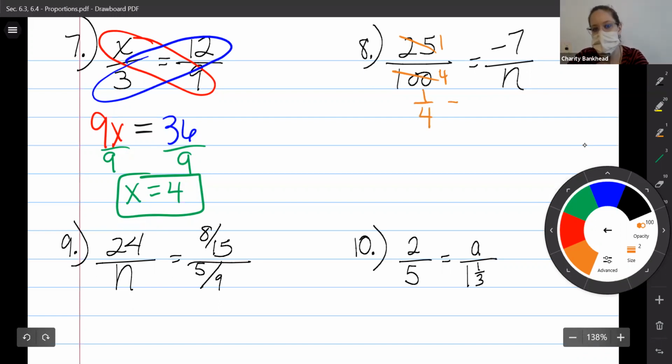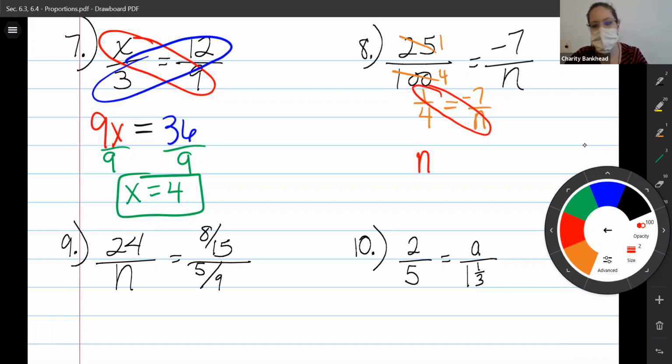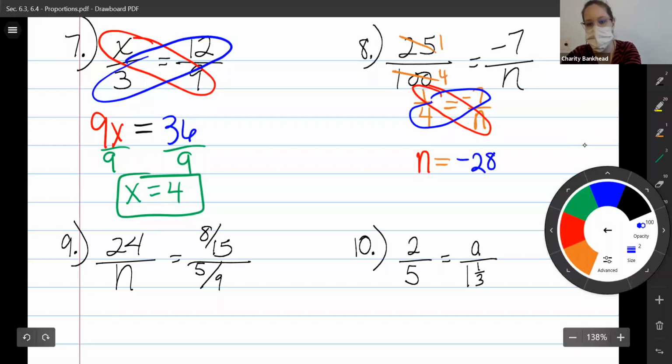So 1/4 equals -7/n. And then when I cross multiply, 1 times n is n, and then 4 times -7 would be -28, and I'm already done. n equals -28, and that's it.